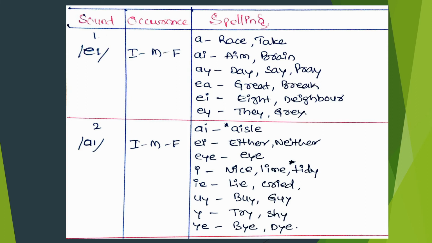So in this way you can write the description of all the diphthongs, because you know the description of all the vowel sounds right now. In the same way you have to write the description.